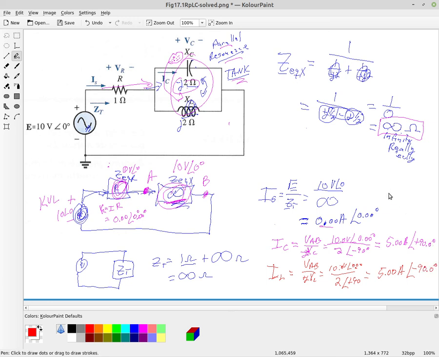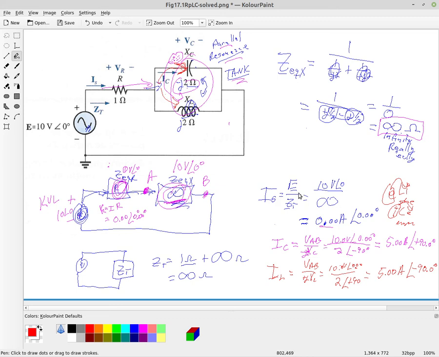Because remember Eli the Iceman? Right? The voltage is ahead of the current in the inductor, and the current is ahead of the voltage in the capacitor. Okay? And so we have 5 amps flowing through this and 5 amps flowing through this, but their angles are opposite, plus 90 and minus 90.